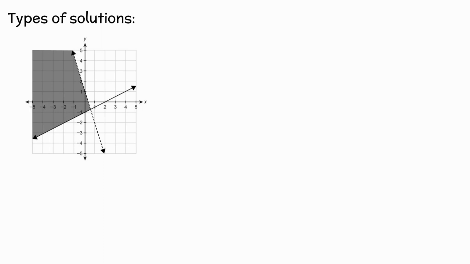All right, types of solutions. We're going to have two lines on our graph that represent our inequalities. Remember, they could be solid lines or dotted lines, and then you're going to have a shaded area. And if those shaded areas overlap, then that overlapping shaded area is our solution set.